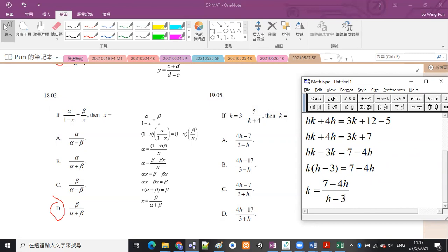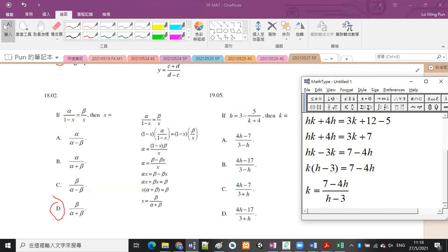There is no options. Option A, B, C, D, all of them are not like this. This is 7 minus 4h, and then we have some options having 4h minus 7. The subtraction is swapped. It's interchanged. Also, my answer is h minus 3, but some of them is 3 minus h. Again, the subtraction is swapped. So we can do one little step to make that right.